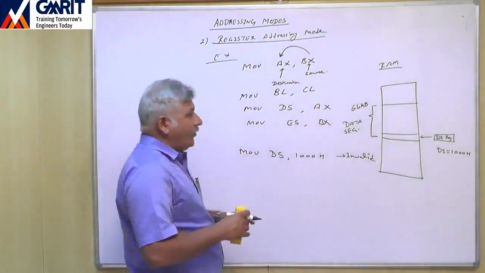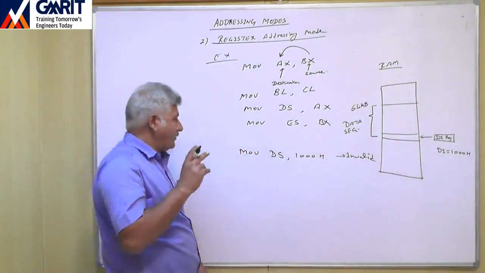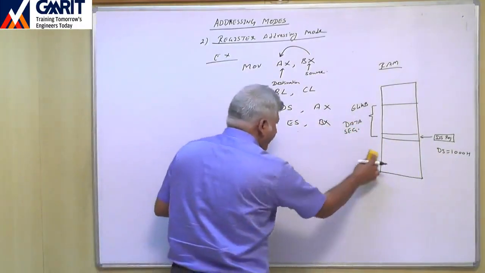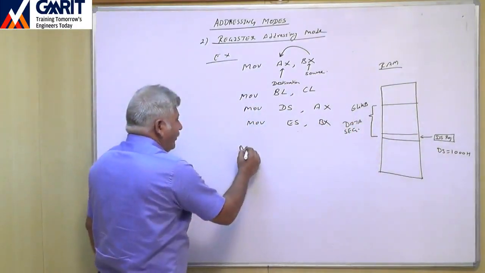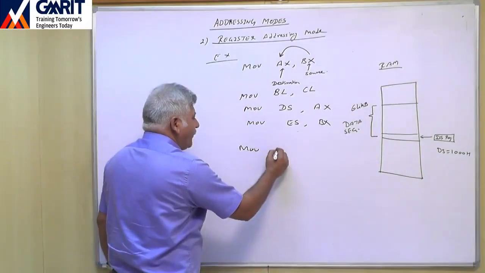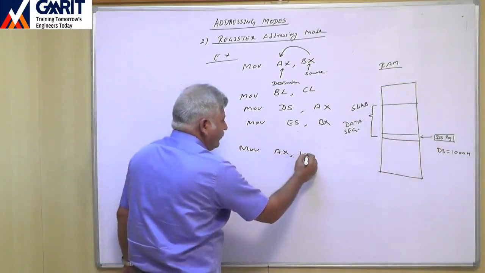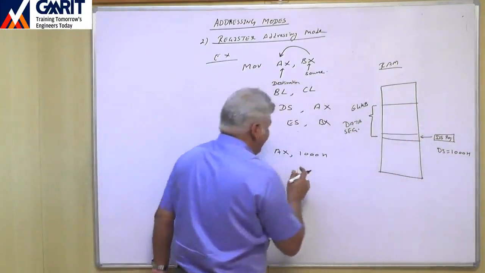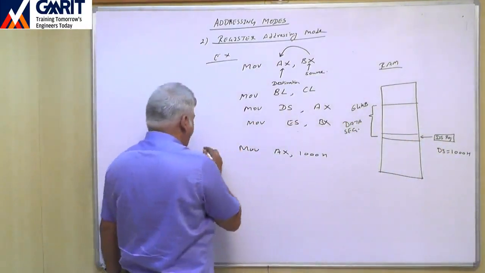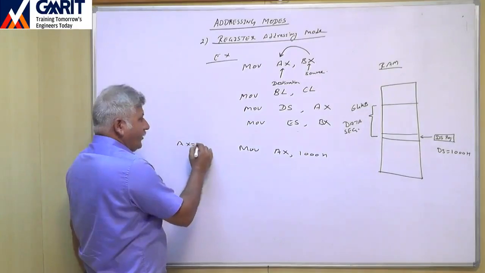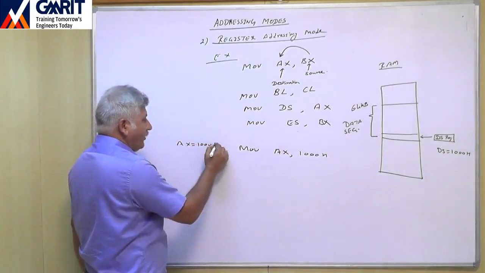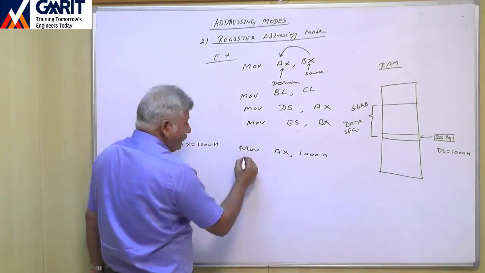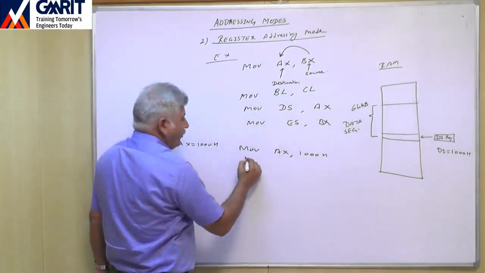For this we have to use two steps, right? In first step, what I will do, MOV in some general purpose register like AX, I will store this value 1000, which I want to load in DS register. So now with this instruction, what will happen? Value of AX will become 1000H. After this, I will use register addressing mode.